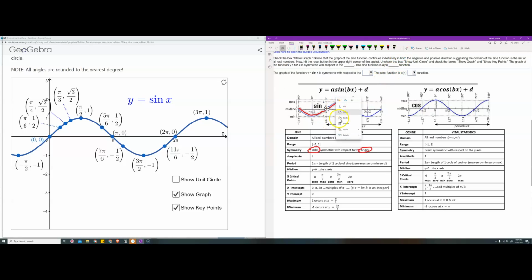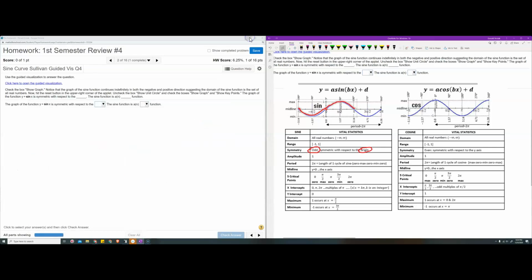Okay, so I can't quite spin on this, but I can rotate it 90 at a time. So there's 90 degrees. And now from there, I'm going to rotate it again 90 degrees. And you see it fits, it's the same. So that makes it an odd function. So my answer here, it is symmetric with respect to the origin, and that is referred to as an odd function.